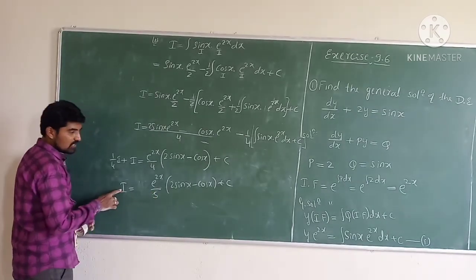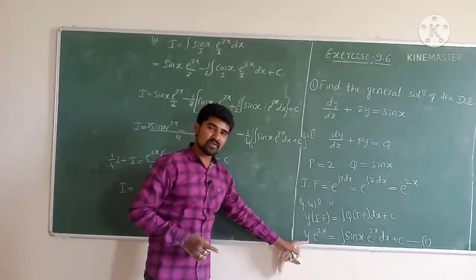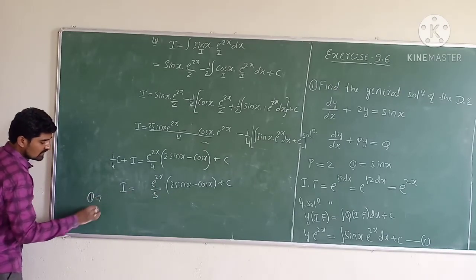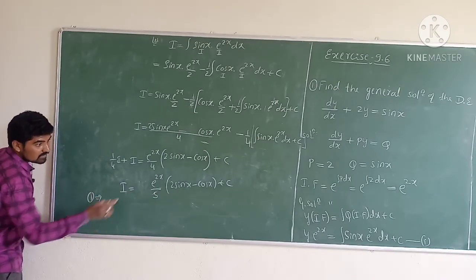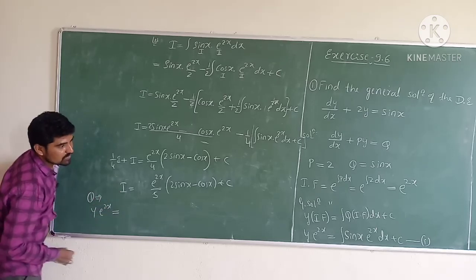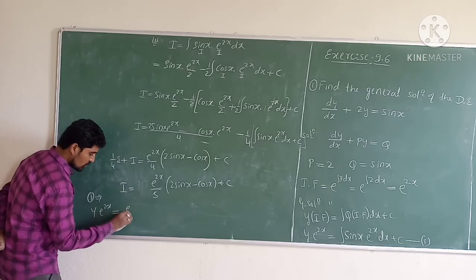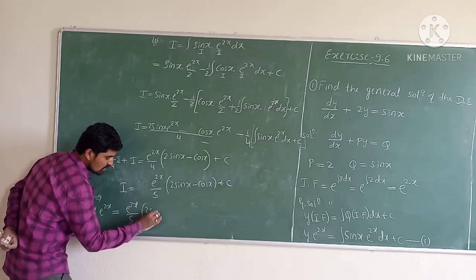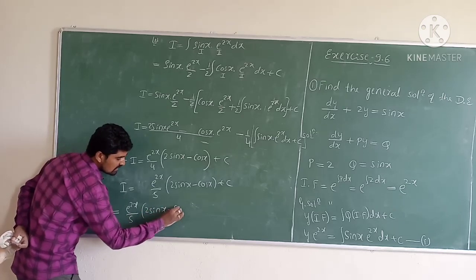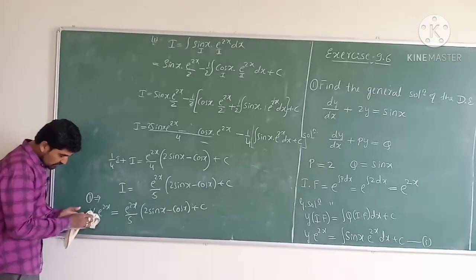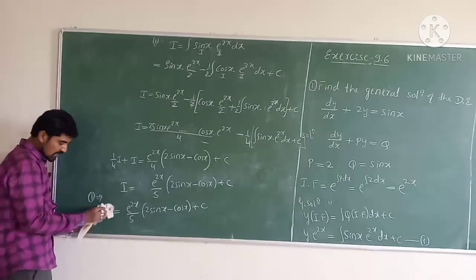Substitute this value of I in equation number 1. Hence equation 1 becomes y into e power 2x is equal to e power 2x divided by 5 into 2 sin x minus cos x plus c. Then shift this e power 2x towards the right hand side.